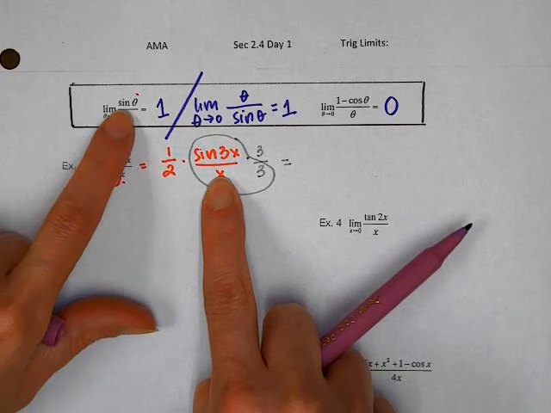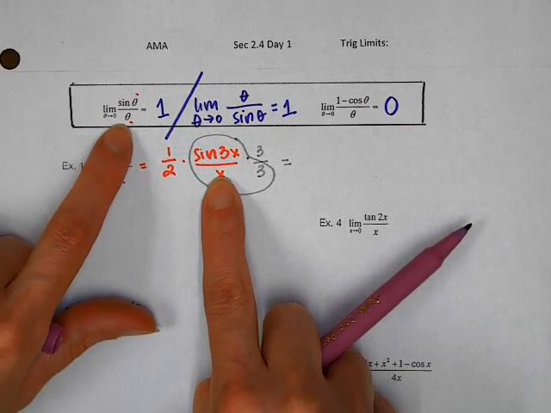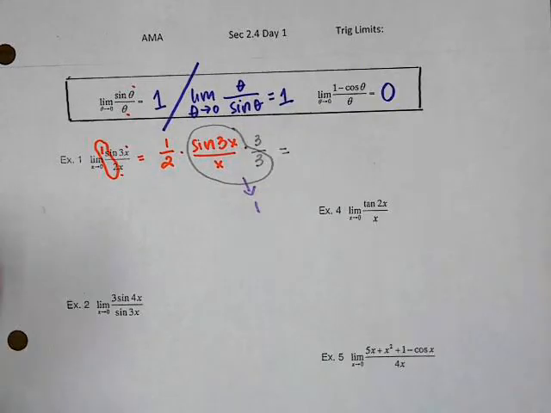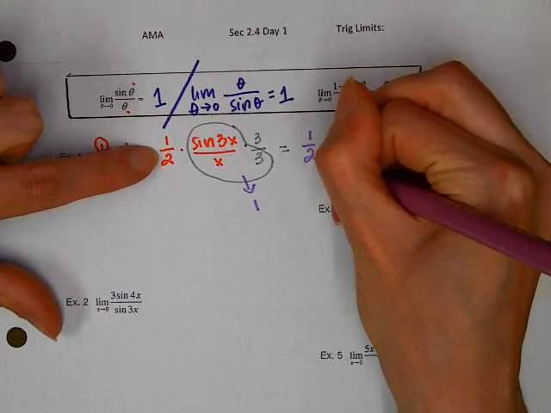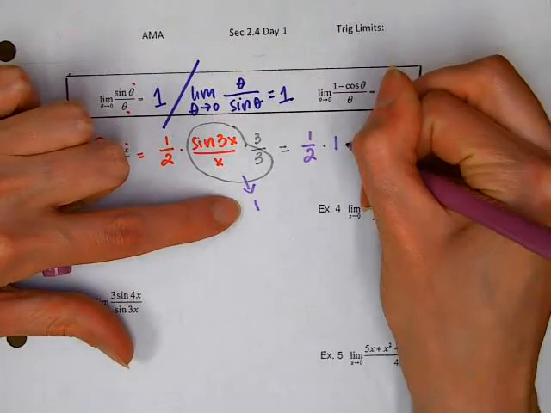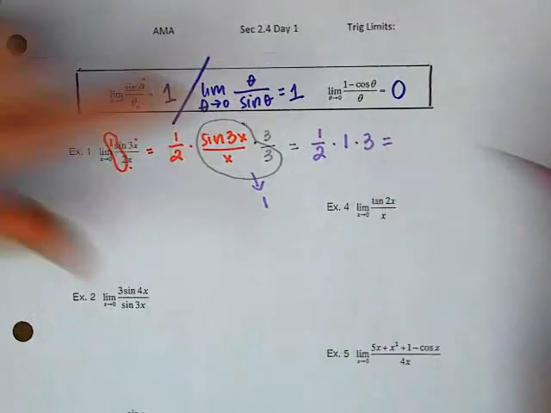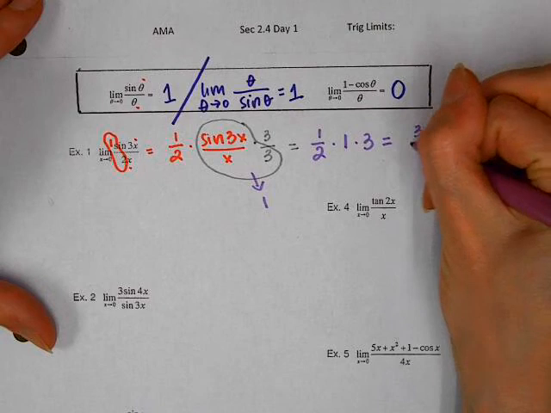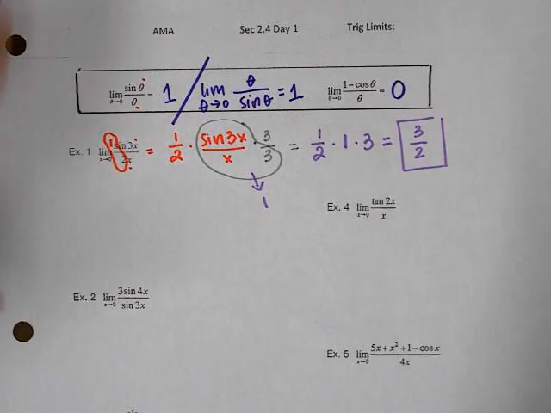Sine of an angle divided by that same number is always equal to 1. Okay, so this guy really is just 1. So in the end, it's 1/2 times 1 times 3. All right, so it turns out that this limit is equal to 3/2. Don't worry, the more we do, you'll be fine.